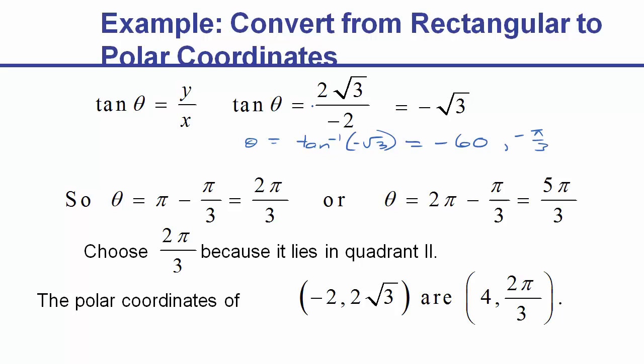So according to our calculators, we're down here at a 60-degree angle, right? That's what negative 60 means. But remember, we're not in quadrant 4, we're in quadrant 2. So instead of being down here, which is pi over 3, that's what we've got here.